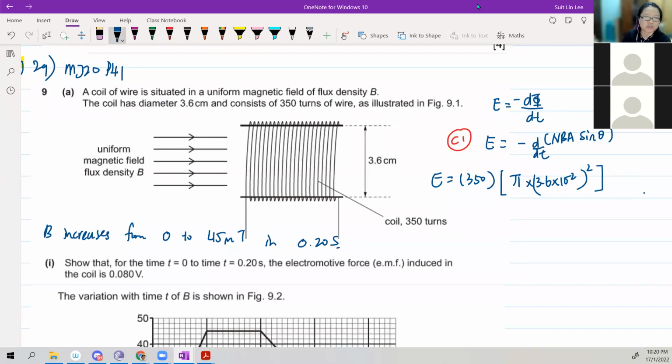But the magnetic field changes from 0 to 45. So I can just substitute this one with 45 times 10 to the power -3 divided by 0.20. Okay, that's good. So I'm pretty sure we plug all this into my friend Casio, the calculator. Should we get my 0.08?